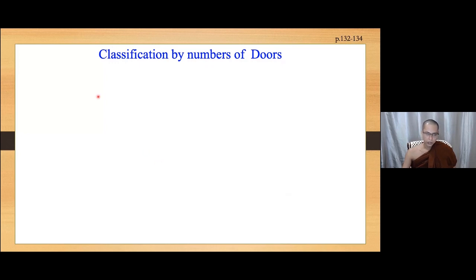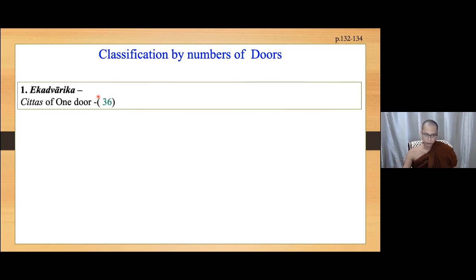Then let's continue with the second part of this compendium of doors, the classification by number of doors. Now we will count the consciousness according to the number of doors. The first group is ekadvarika. Ekadvarika means the consciousness that arises in only one door.